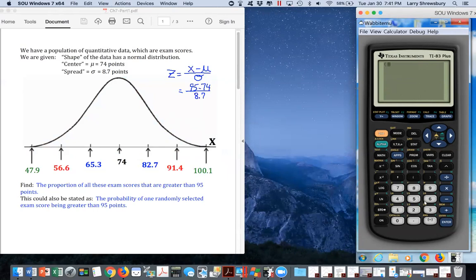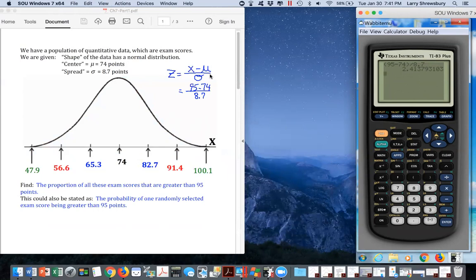Left parenthesis, 95, subtract 74. Hopefully you know why it's important to have the parentheses, because of order of operations. We'll get a wrong answer if we don't use those parentheses. So we knew it was somewhere between this tick mark and this tick mark, but now I know it's 2.4 standard deviations.